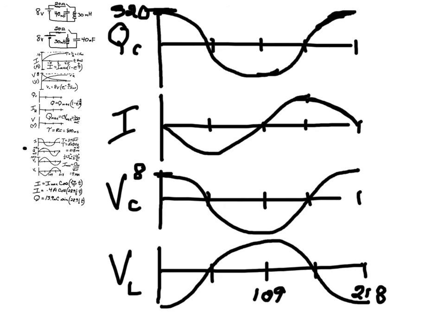And that's the last thing we have to find out. What does the current go to? Well, don't think that it's going to be the same as it was in the earlier circuit, because this is a different circuit. So we have to use our energy equations to find the current, and those are buried in this graph here. It's that I max equals Q max over the square root of LC.